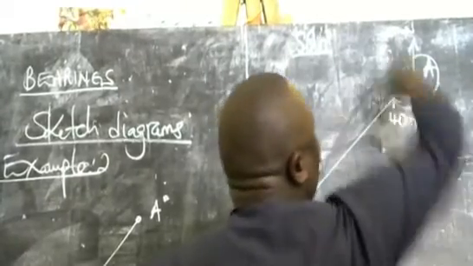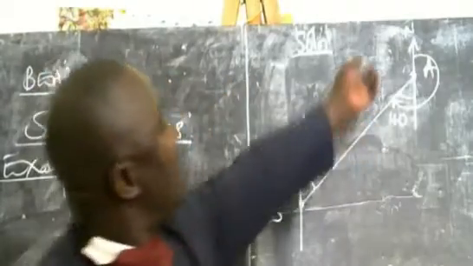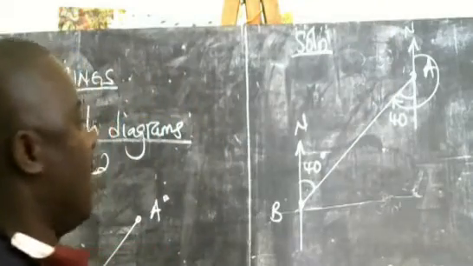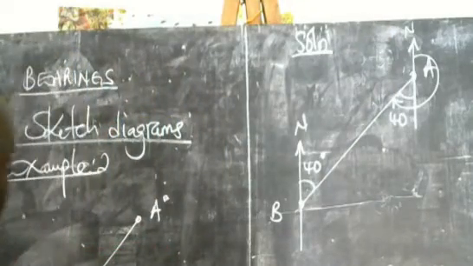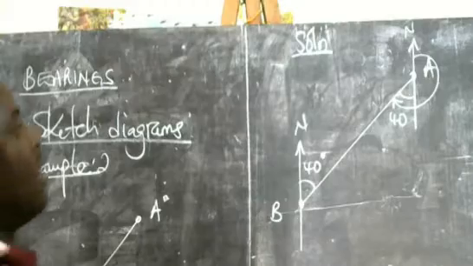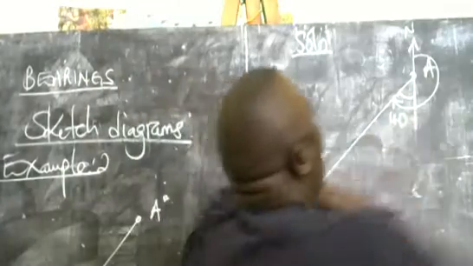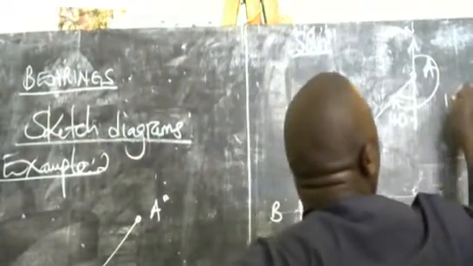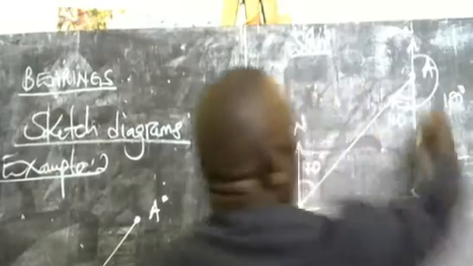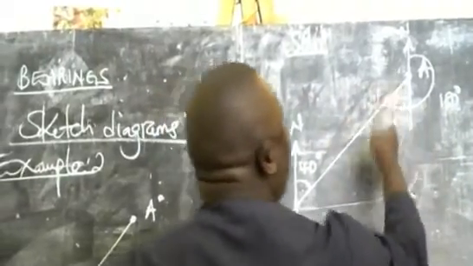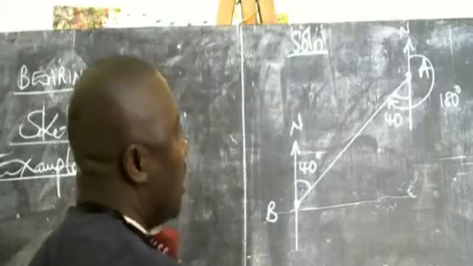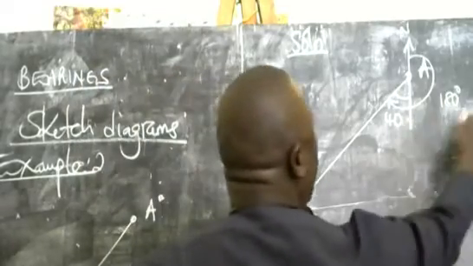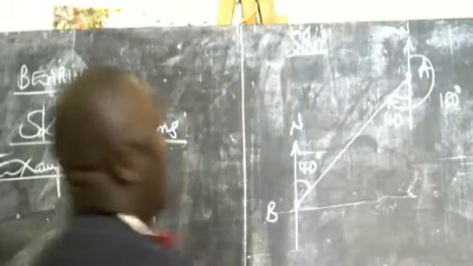If you turn in a clockwise direction, that angle described from north will be the bearing of B from A. If you look at this, there is 180, that is a straight line angle, and an addition of 40 degrees. So in all, we shall have 180 plus 40.